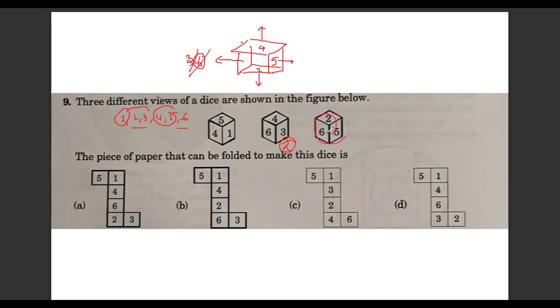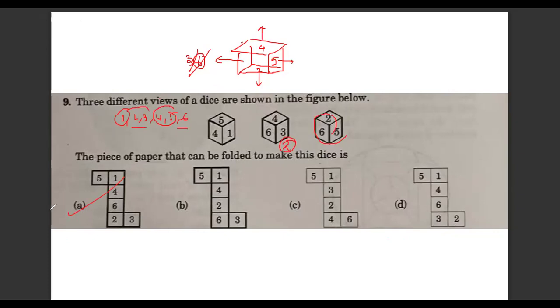So it has to be 3. And the rest, the opposite face of 1 is 6. So 4 is opposite to 2, 5 is opposite to 3, and 1 is opposite to 6. Now options are given in the unfolded shape of the dice. So to visualize how to make it as a folded dice, we can refer here and here. Hence, the answer is A.